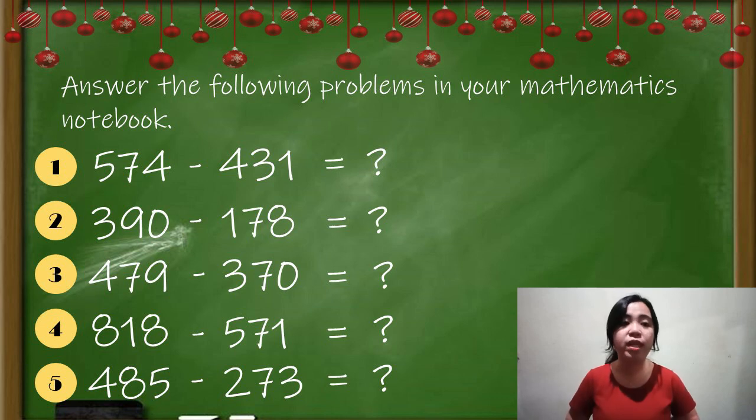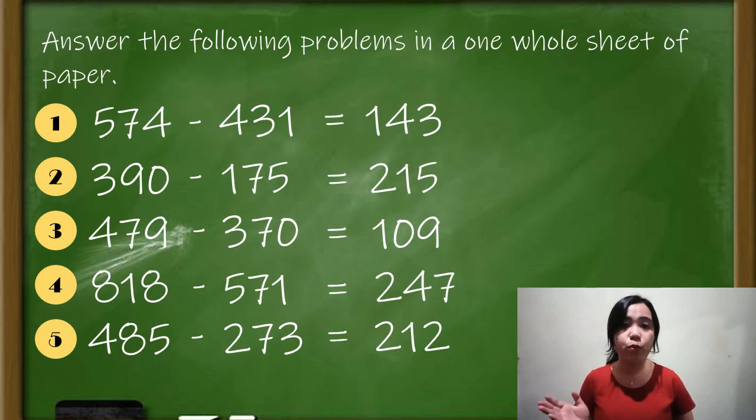So number 1, 574 minus 431 is equal to 143. Number 2, 390 minus 175 is equal to 215. Number 3, 479 minus 370 is equal to 109.